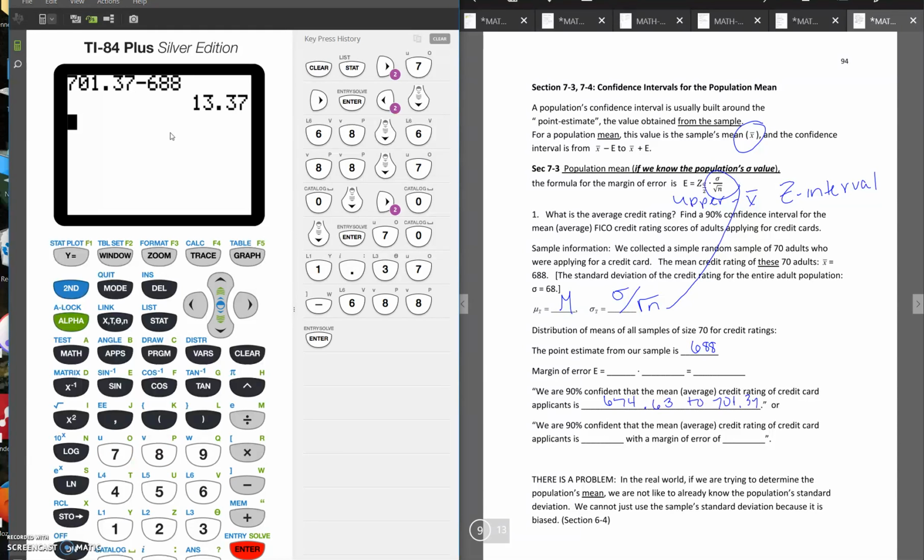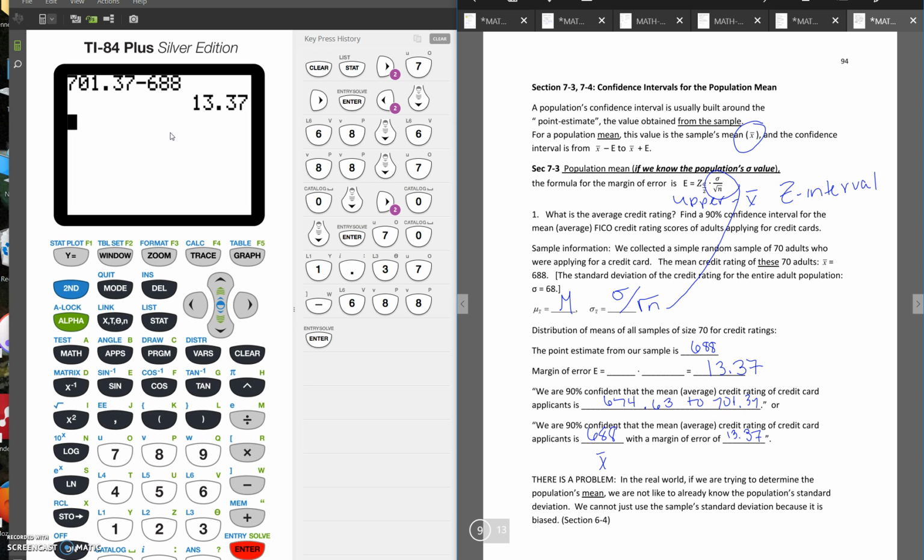So our E, we find, is 13.37. So another way we can say it, we can say we are 90% confident that the average credit rating of credit card applicants is 688, the mean, x bar, with a margin of error of 13.37.